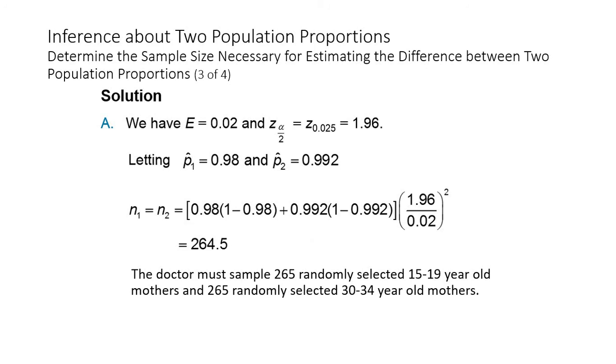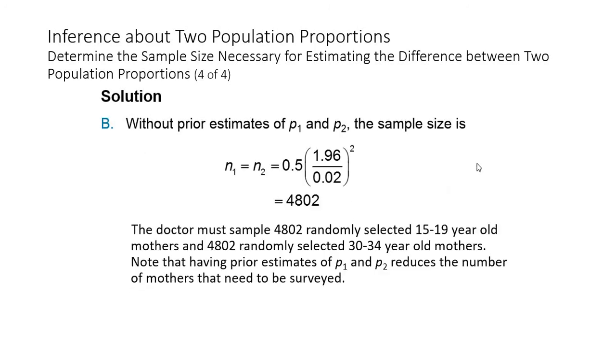For the second scenario, she's not going to use any estimates, so we're going to assume each one of them is 50%, and that will give us the sample size n equal to 0.25 plus 0.25, which is 0.5, times the critical value divided by the margin of error, all squared. This number results from P1 hat times (1 minus P1 hat) plus P2 hat times (1 minus P2 hat), and we assumed each one of them is 50%.